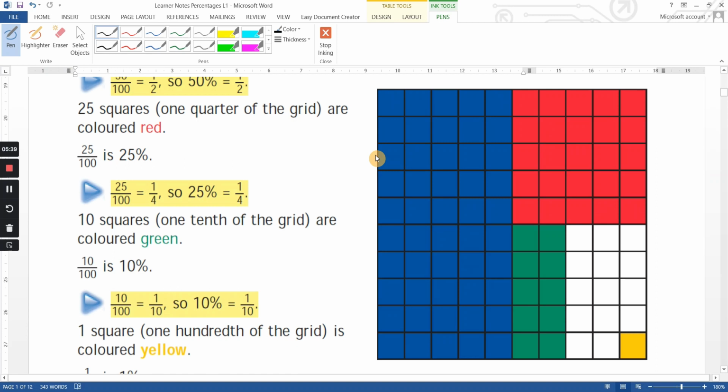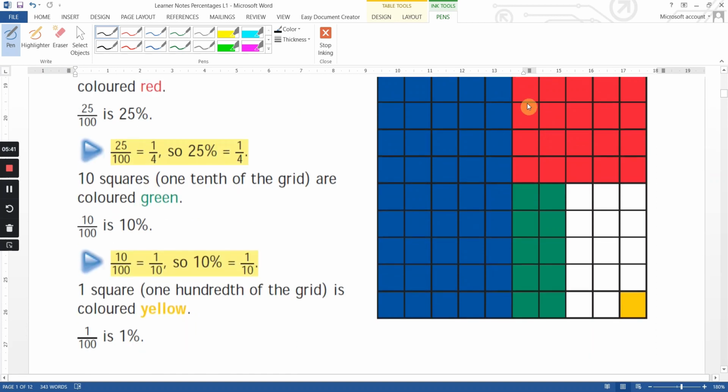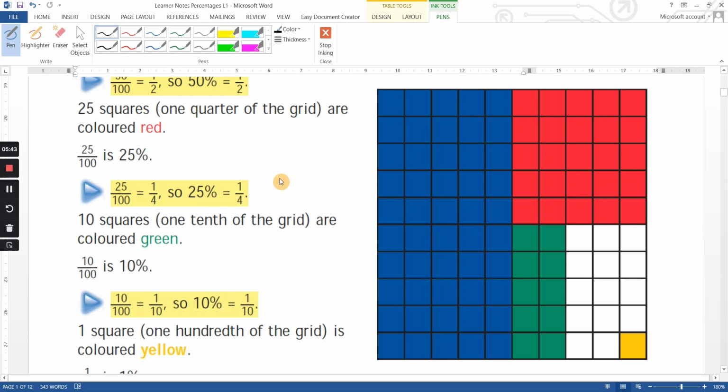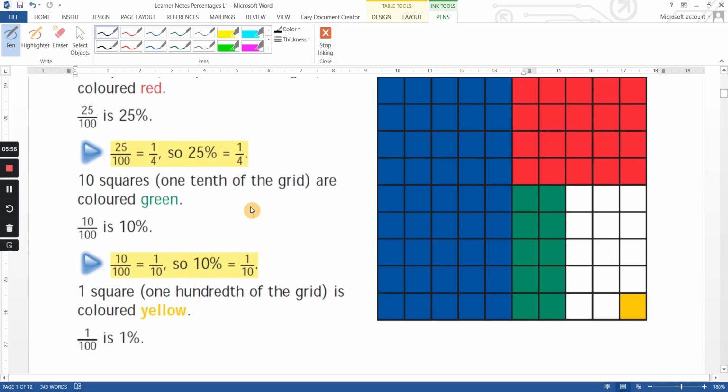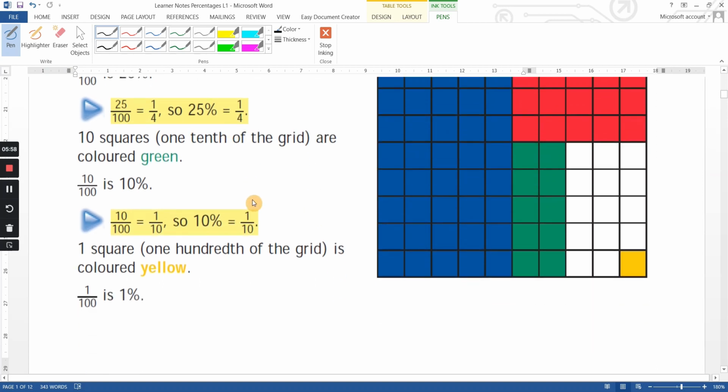25 squares, or 1/4 of the grid, are coloured red. So 25 out of 100 is the same as 25%. And 25 out of 100 also simplifies to a quarter. So 25% is the same as a quarter. 10 squares, 1/10 of the grid, are coloured green.